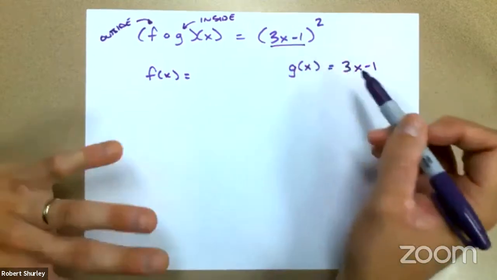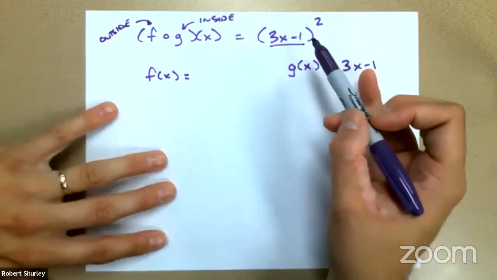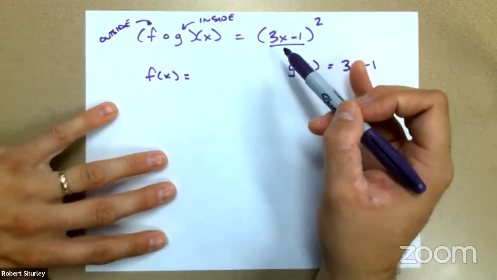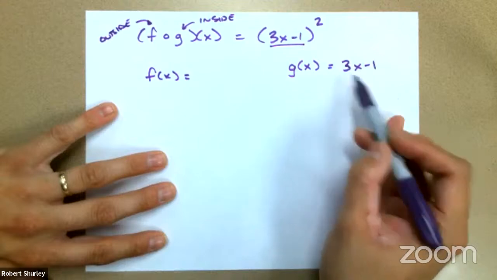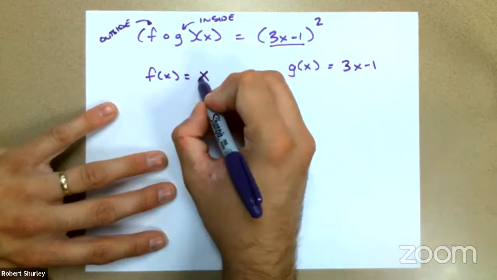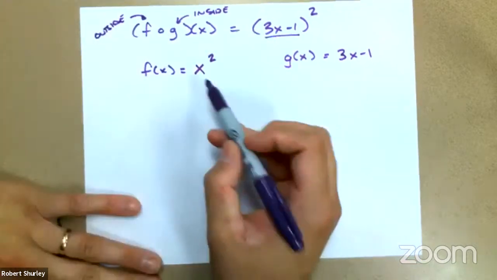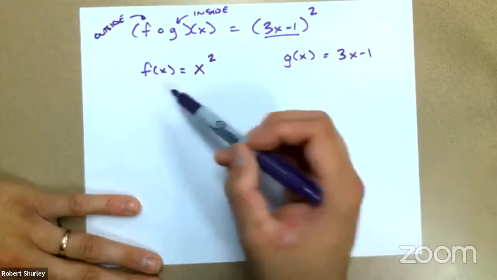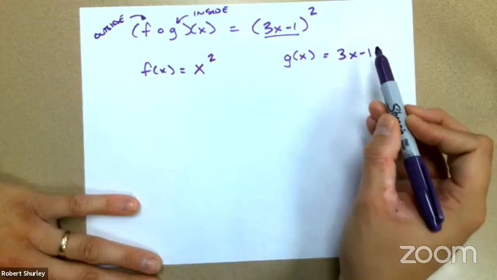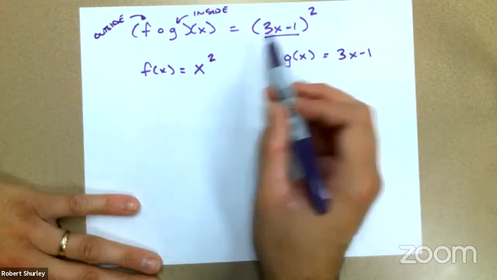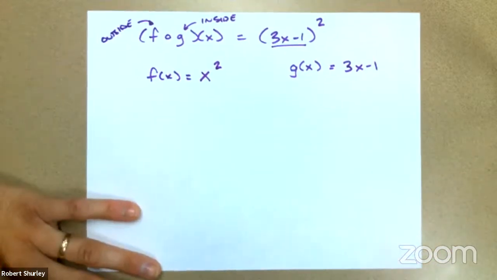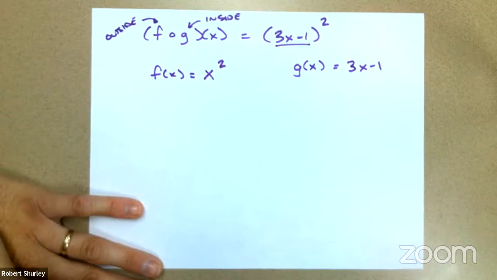Typically the inside's easier to see. Then to get 3x minus 1 squared, I've got to plug this into x squared. That would be my outside. If I ask you to find f composed of g of these two functions, you would put this function into x and wind up with 3x minus 1 squared.